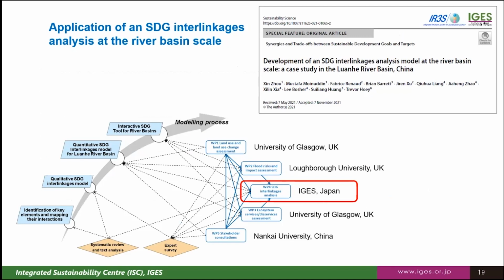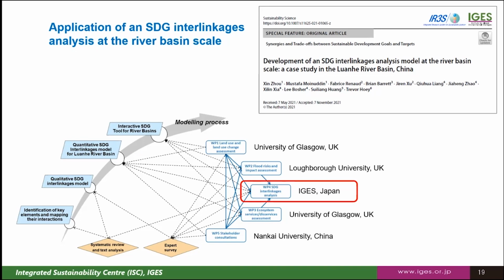Next, I would like to introduce the applications of the SDG interlinkages tool and the methodologies in some case studies, and its recent development by improving the methodology. The first one is the application of an SDG interlinkages analysis at the river basin scale.